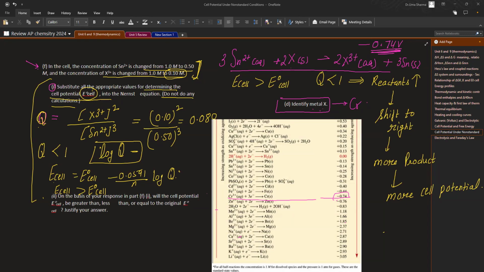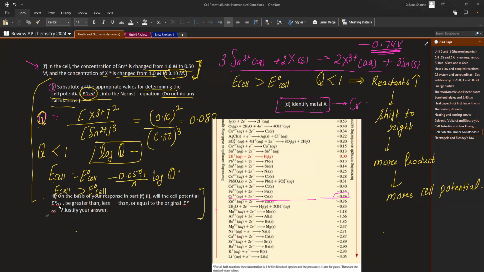Oh, the second part we have also answered. Second part we have answered, right? Read the second part. Justify your answer. We justified in both ways.